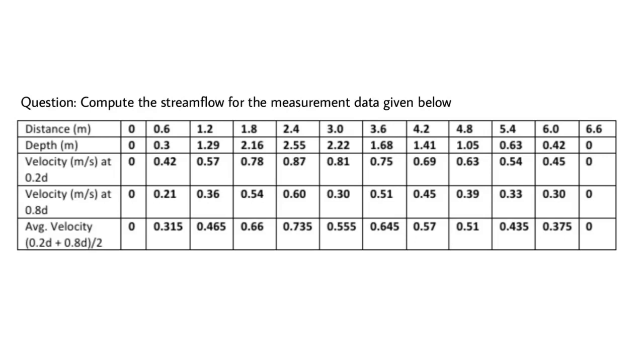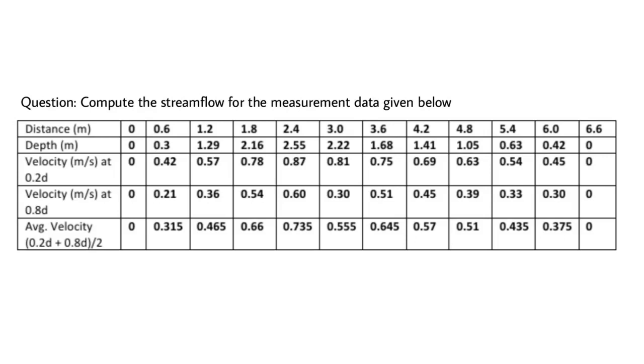Simultaneously the depths are also mentioned, measured at these particular distances. The velocity in meter per second at 0.2 d and 0.8 d is also given, and the average velocity, that is 0.2 d plus 0.8 d upon 2, is also given. So now we have to find the stream flow for the given data.